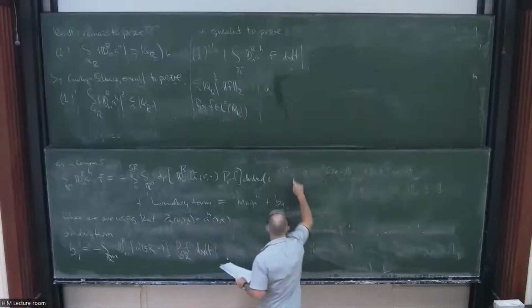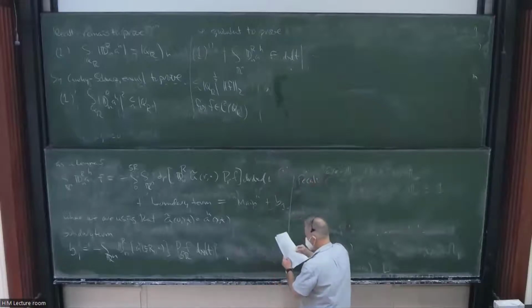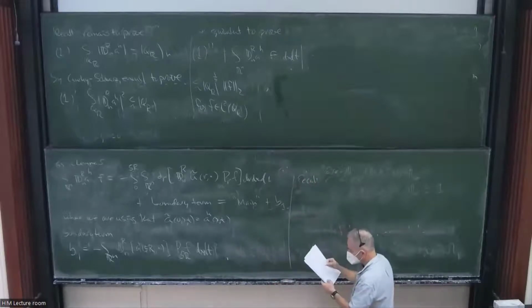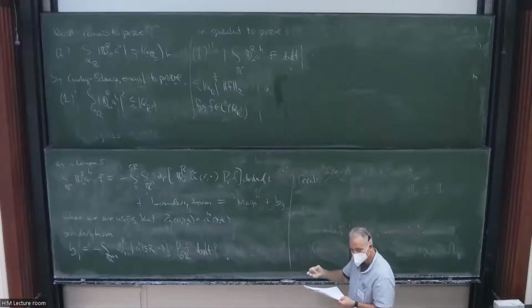And so now let me recall that the kernel of the half-order derivative was a time derivative of a truncated fractional integral.